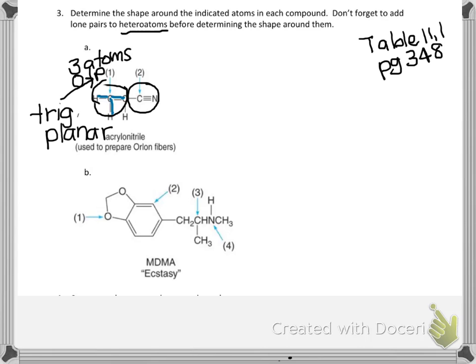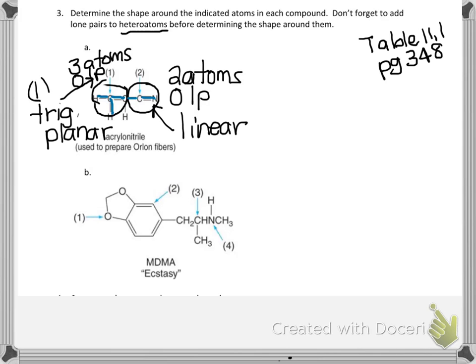That carbon has 2 atoms around it, 0 lone pairs, and so number 2 would be linear. Okay, so number 1 is trigonal planar, and number 2 is linear.